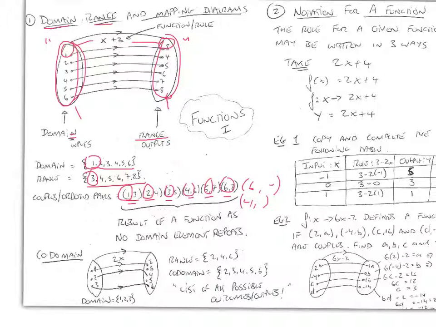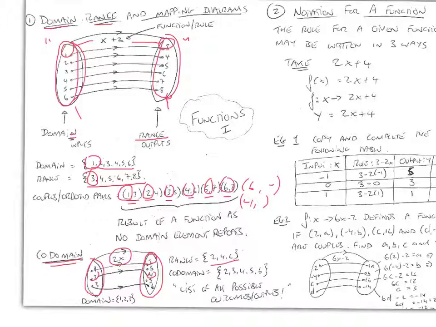And then there's this notion of a codomain. We have our domain, which is our set of inputs, and we have our range, the set of outputs. If our rule is 2x, if x is 1, our output value is 2, and if x is 2, our output value is 4, 2 times 2, and if x is 3, it's 6.